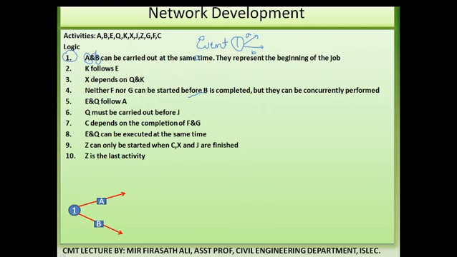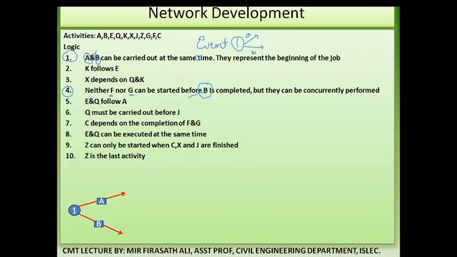Now, let us go for the next activity. We should see which is a predecessor of A or a predecessor of B. Let us see the predecessor of B. Look at the fourth point: neither F nor G can start before the completion of B. So from B, what all things are dependent?